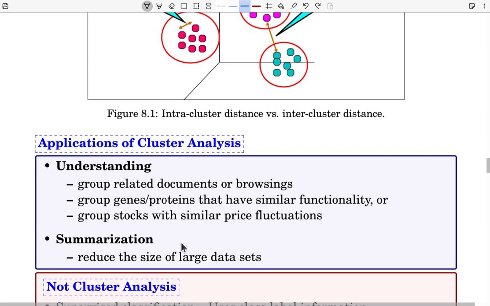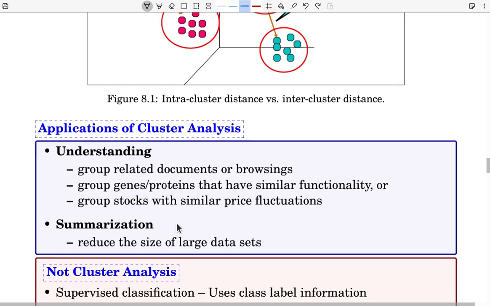In understanding, we try to understand the data set by making groups, and also by using the representing characteristics from each group, we can summarize the data set very effectively.